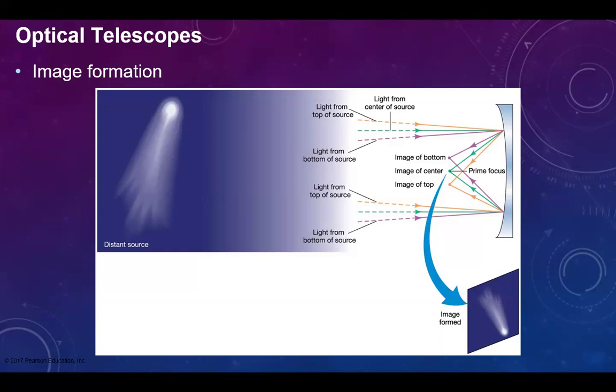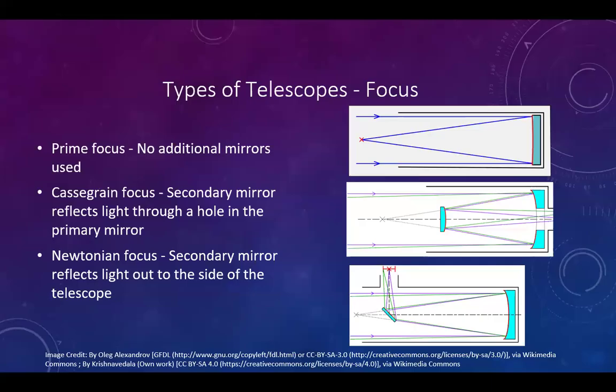Basically, if light is coming straight in from the center, it comes to the center. Light from the bottom of the source bends up a little higher. Light from the top of the source bends a little lower. And you'll get an inverted image form, that'll be much smaller and brighter.